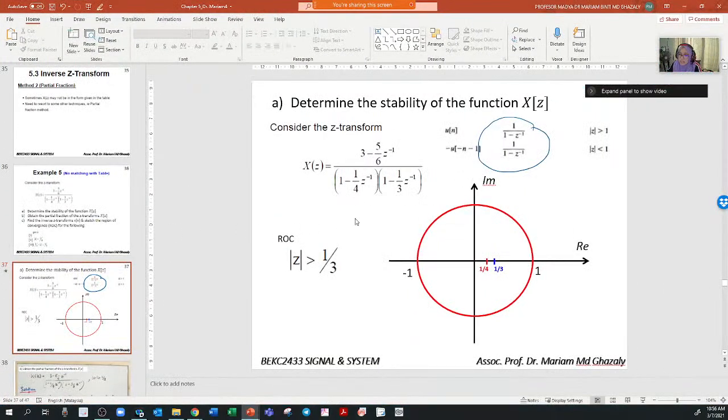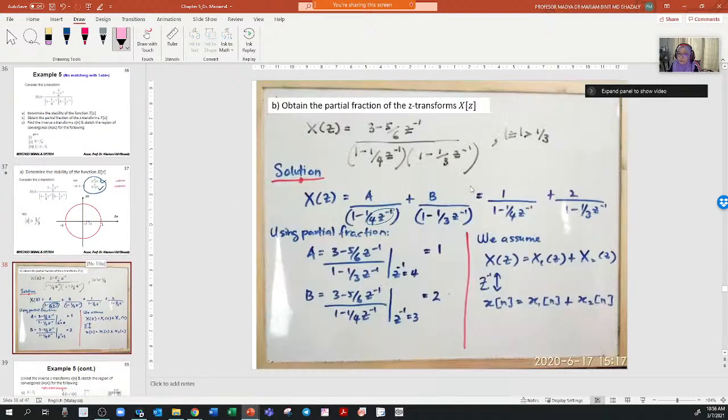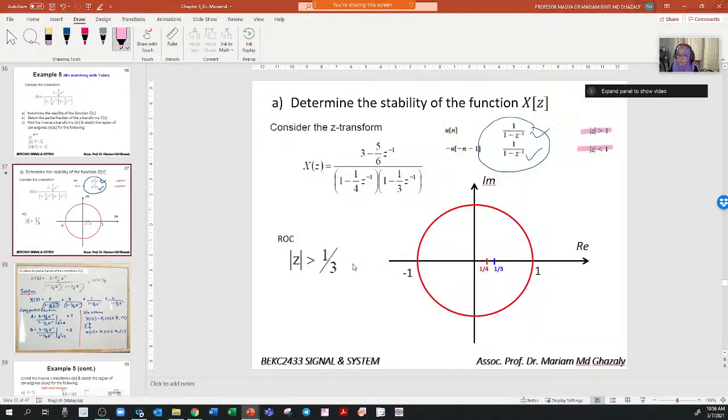Okay, you see here, these two have similar equations, but the difference is the region of convergence. One is |z| more than 1, one is |z| less than 1. So if it is more than 1, then you are going to refer to this equation.